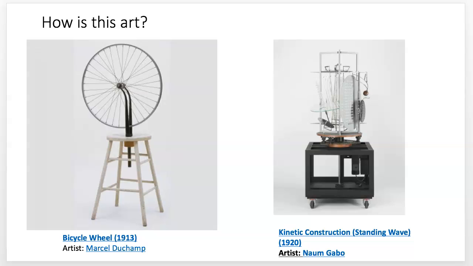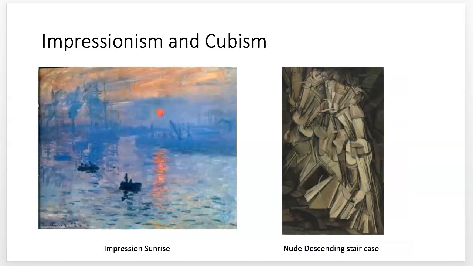So how is this art? How is motion art? Well, there's a long-standing history of kinetic art and motion art going way back. Kinetic art is a manifestation of the fascination with motion, which defines a whole swath of modern art, really. It even goes all the way back to Impressionism.